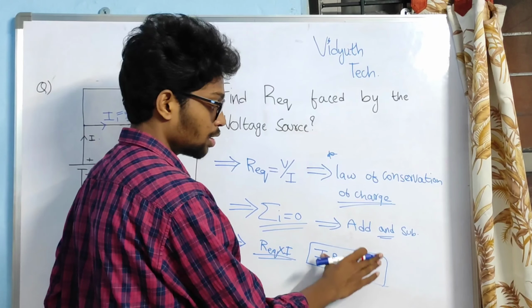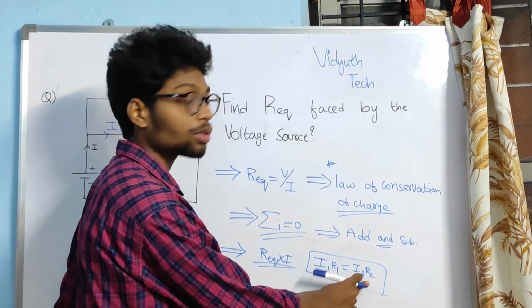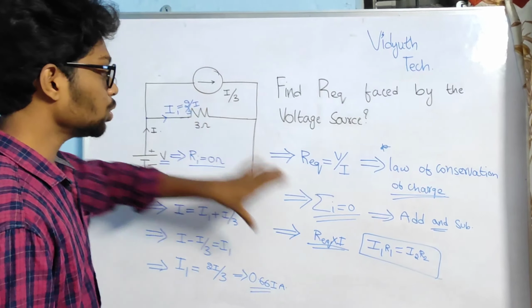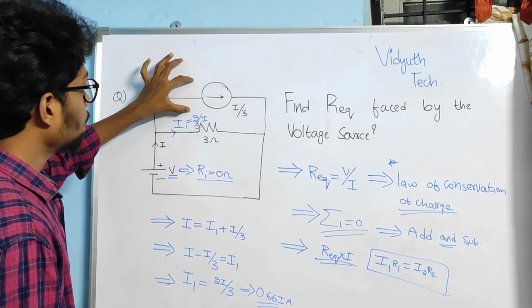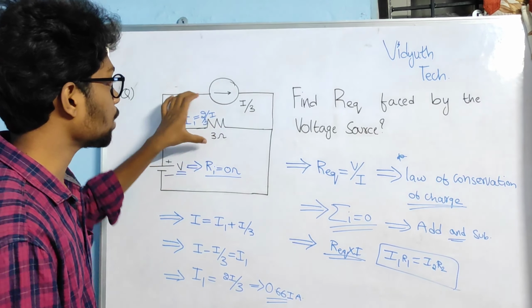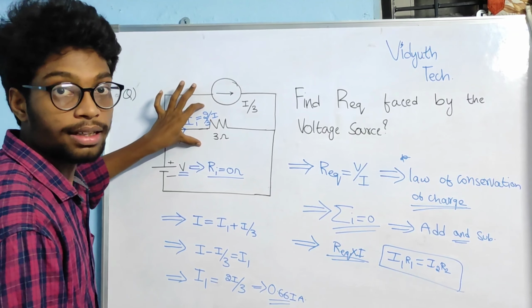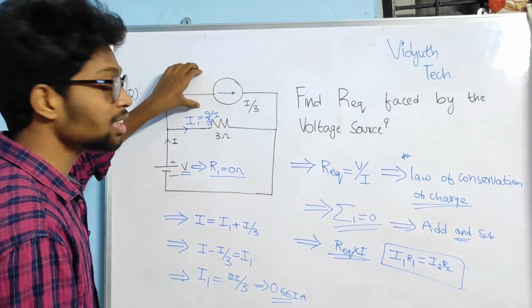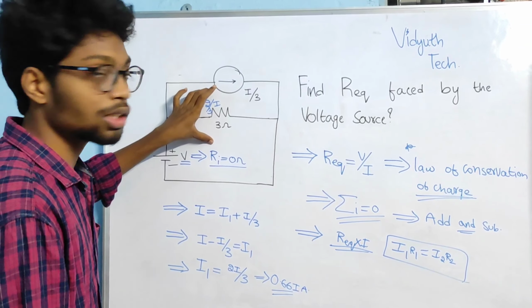Whenever voltage is the same, I1 into R1 is equal to I2 into R2. I have told you this relation before. If the current through the 3 ohm resistance is double, as this is half of the 2I by 3, then the resistance will be double the 3, as the voltage is constant.